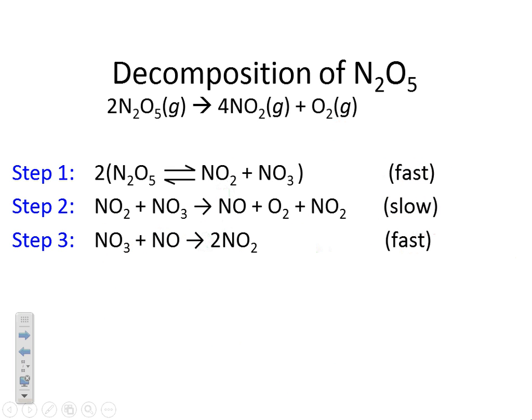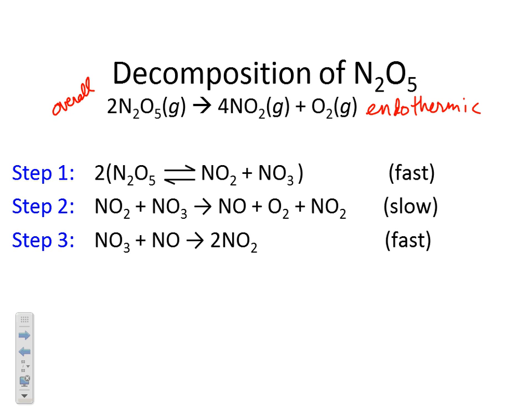So just to close, I have a reaction mechanism here, and we're going to draw a quick sketch of a potential energy diagram for this reaction. And I will tell you that this reaction is endothermic. So this is our overall reaction, the decomposition of N2O5, and the reaction mechanism has it occurring in 3 steps. So 3 steps is going to mean that we're going to have 3 bumps on our potential energy diagram.